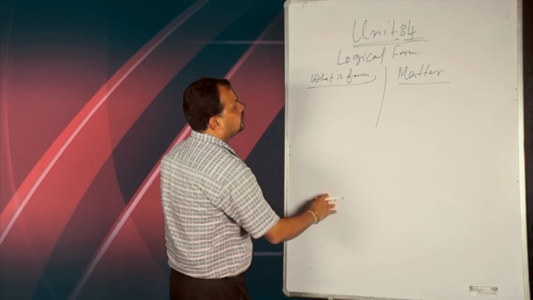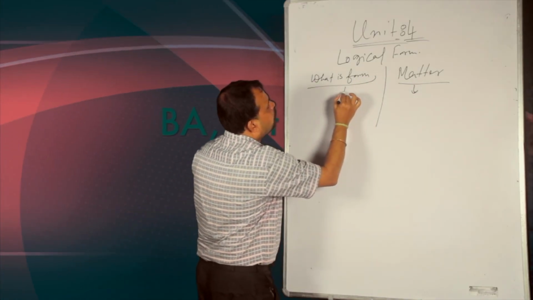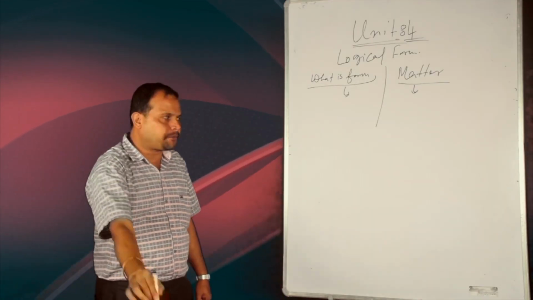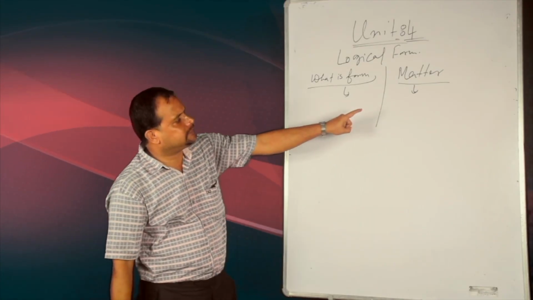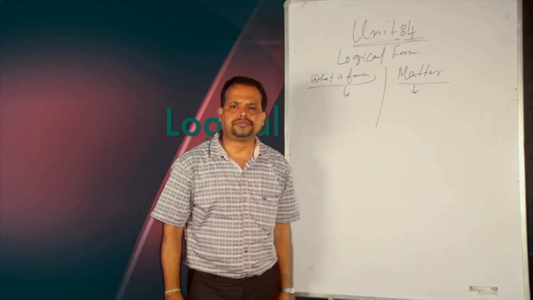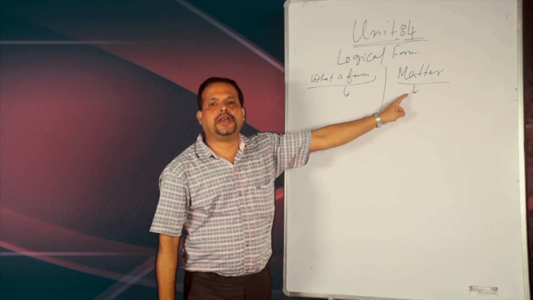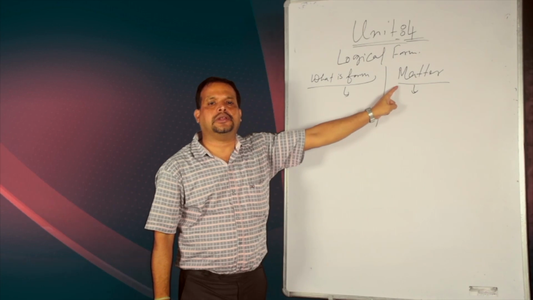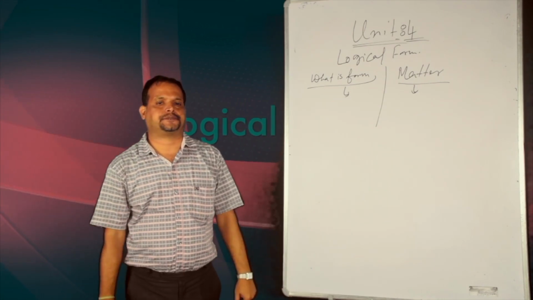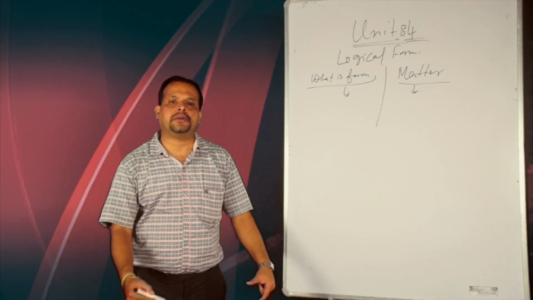First one is matter, second one is form. When we speak of the matter of the table, we are talking of the elements out of which the table is made.